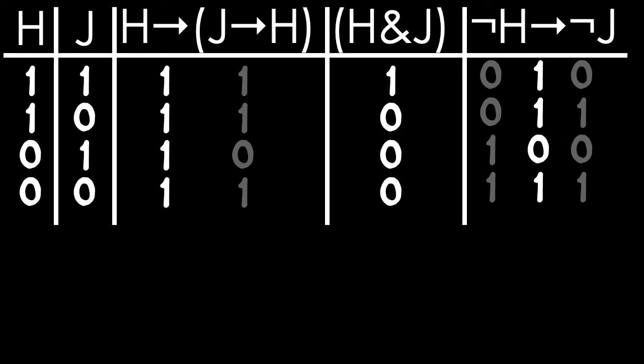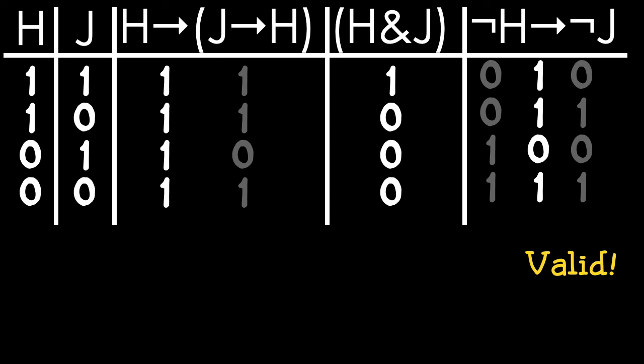That is, we look for a row where the results are 1, 1, 0. On the first row, the premises are 1s, but the conclusion is also 1. On the third row, the conclusion gets a 0, but so does the second premise. So there is no row where we get 1 for the premises and a 0 for the conclusion. And that means the argument's valid.